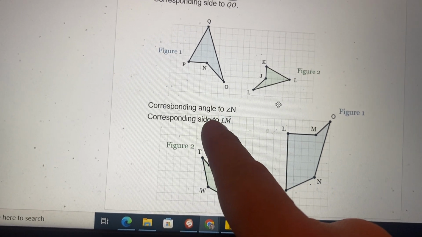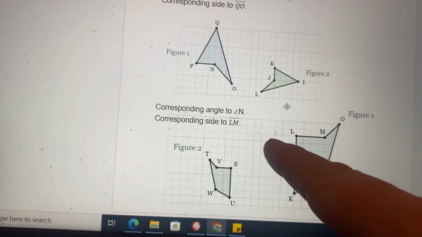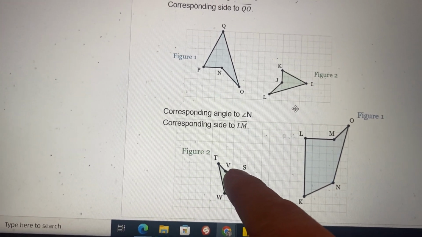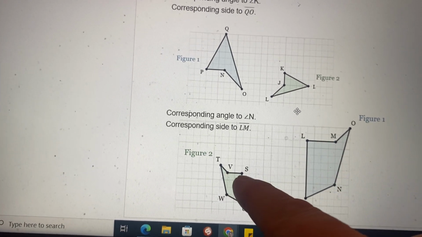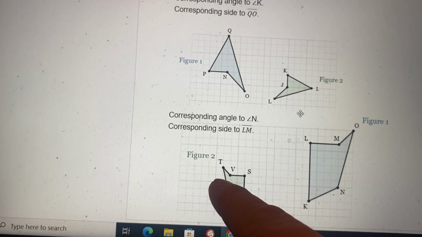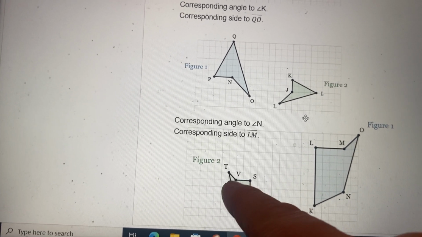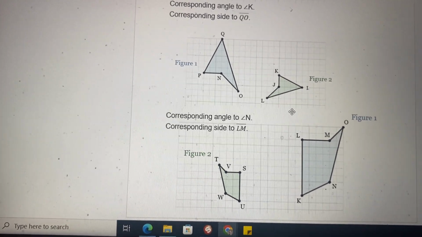And then when we talk about the corresponding side to LM, notice how LM is flat, it's horizontal. And flipping it is not going to change that. So this one right here, since it went from the edge back in, we want to go from the edge back in. So LM would match up to SV, and that would be our corresponding set of sides there.